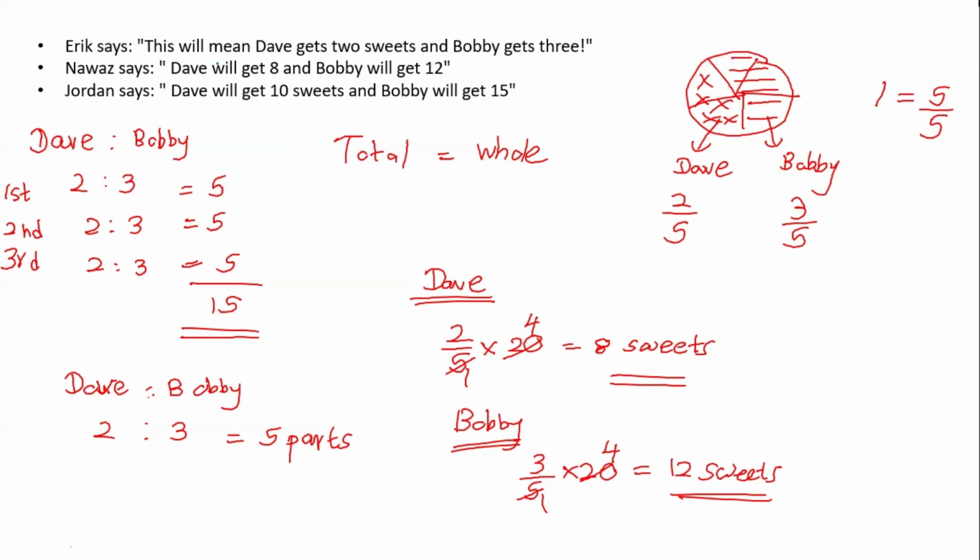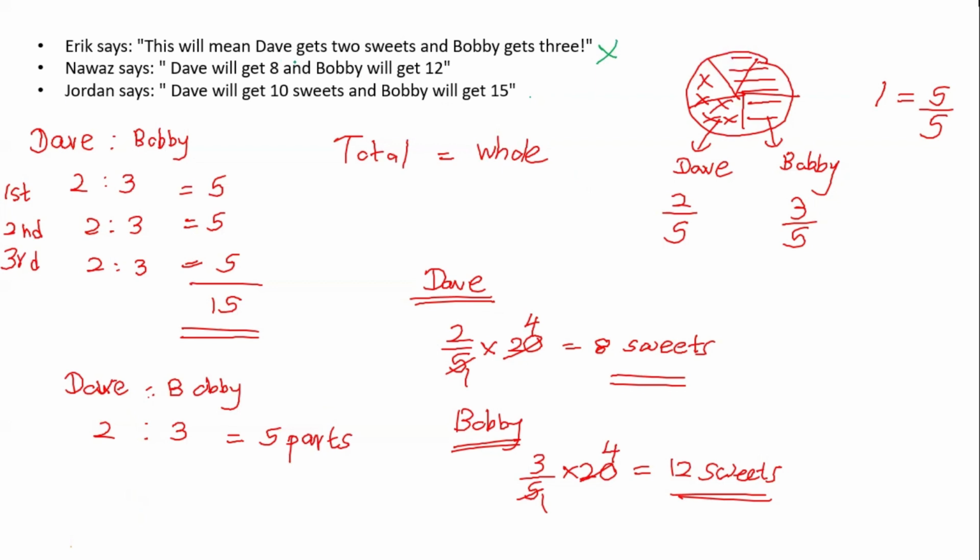So here it is only representing the ratio. That means when Dave is getting 2 sweets, then Bobby is getting 3 sweets. Okay, so this statement is actually not correct.